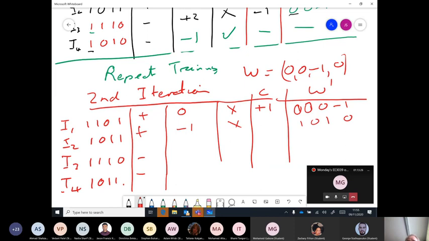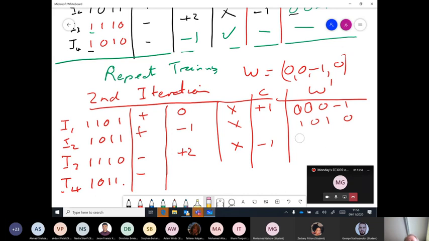Scalar product with I3 is going to be 1, 0, 1. What's going to be plus 2? That is wrong. C is going to be minus 1. We need it to be the negative class. Subtract this from the current weight vector. It is going to be 0, 0, sorry, oh dear.